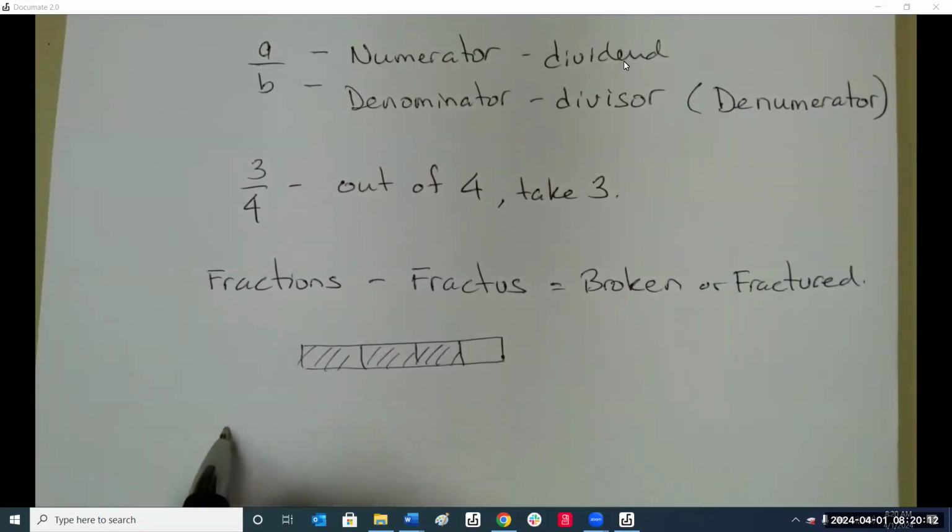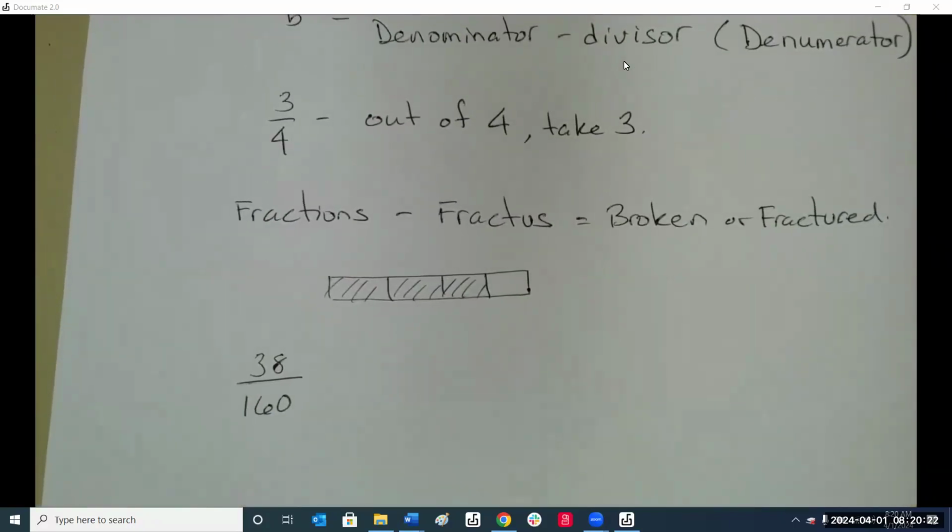So if I gave you something like 38 divided by 160, go ahead and simplify that for me. Finished already?